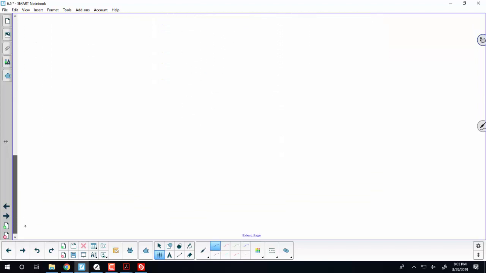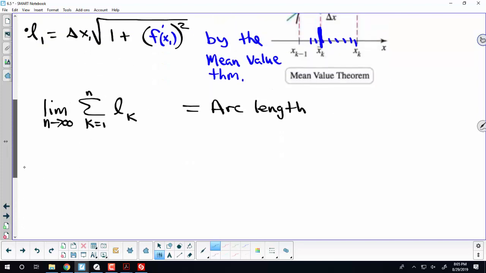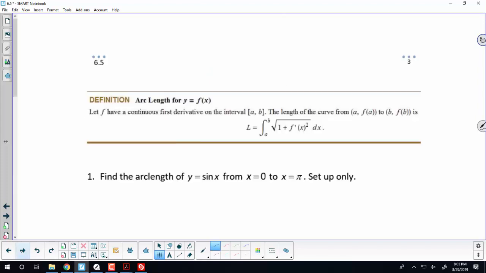Do I have that formula? Okay, so it's on the next page. Definition of the arc length. There's our integral from a to b, and then we have the square root of 1 plus the derivative squared. So make sure that you're reading that notation correctly. That's the first derivative, then squared.